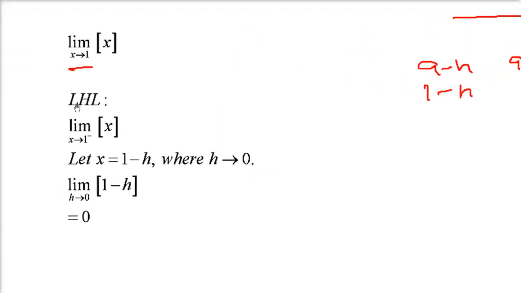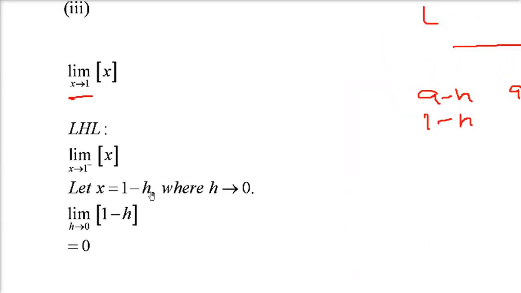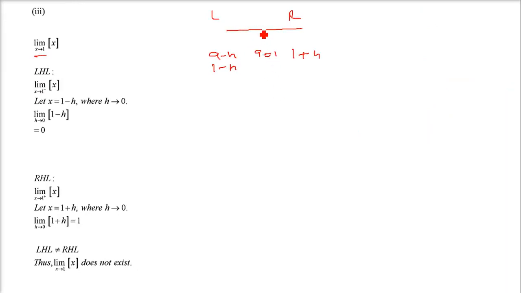Whatever you subtract from 1, you will go to 0. Between 0 and 1, whatever you subtract, the greatest integer function always gives you 0. Now for the right hand limit, 1 plus h, you are adding anything to 1, it will be 1 only. So we get 1 and 0. RHL and LHL are not equal. Limit does not exist.